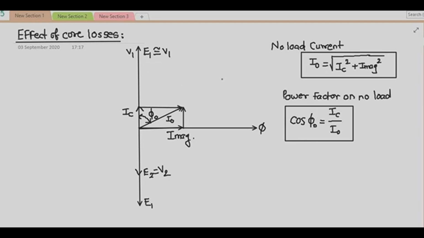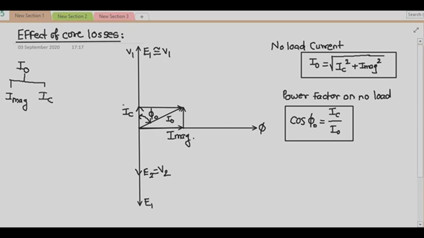Okay, so in the transformers used in actual practice on no load, that is with no current in the secondary winding, the primary winding always carries a small amount of current, denoted by I naught. It has two components. The first component is I magnetizing and the second component is IC.